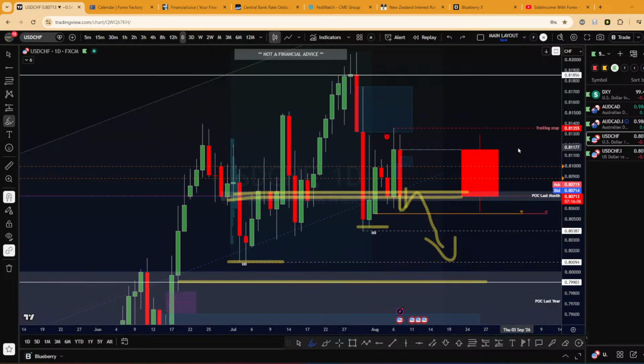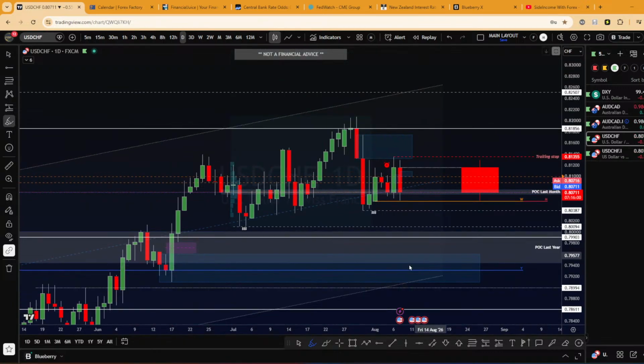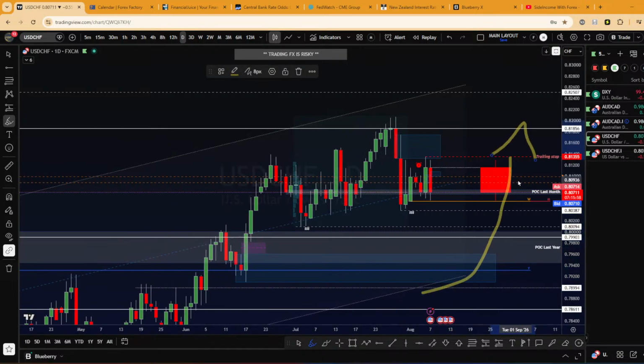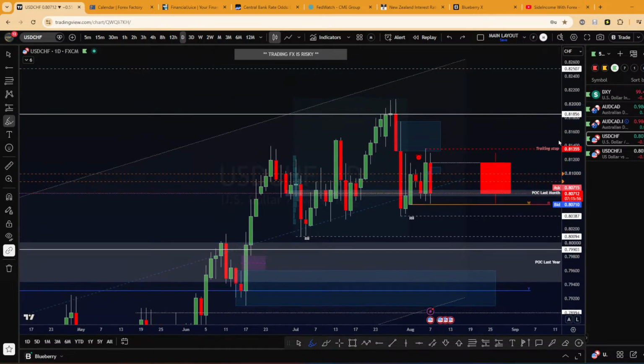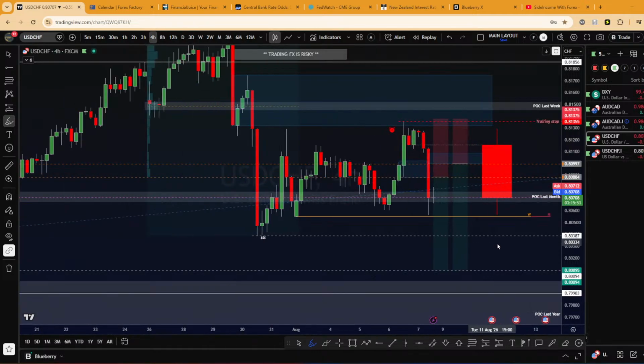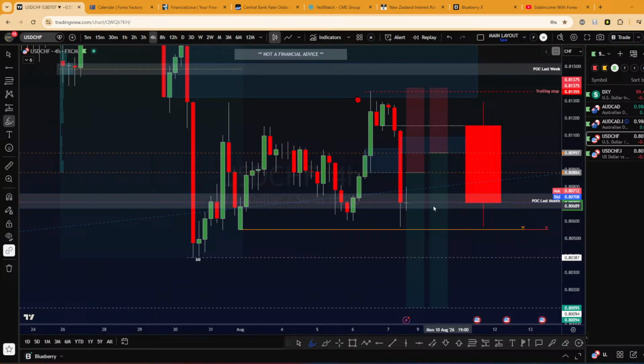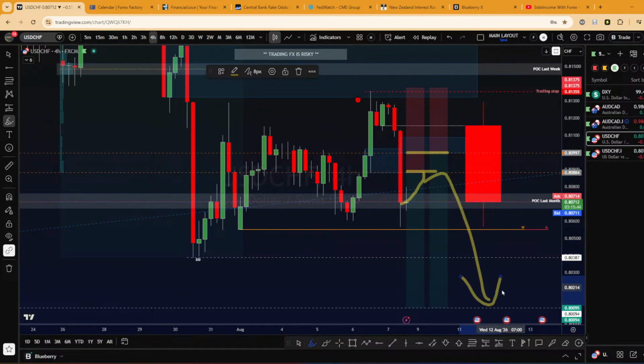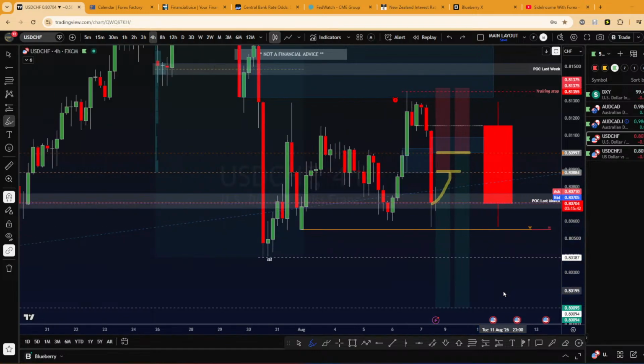Because this is counter trend, since I want to short against the higher time frame which is bullish, I will be very strict on my risk management and trade management. I want to see at least some sort of retest, a retracement somewhere here, before entering again.